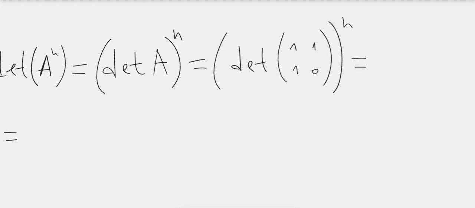The determinant is equal to 1 multiplied by 0 minus 1 multiplied by 1, all of this raised to the power of n.